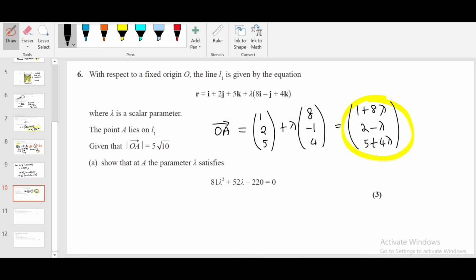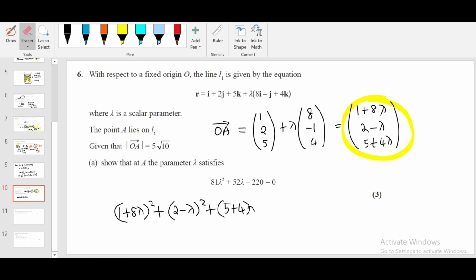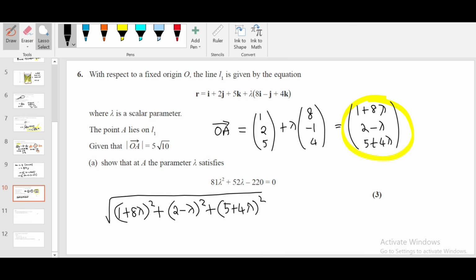So x square, (1 plus 8 lambda) square, plus y square, (2 minus lambda) square, plus z square, (5 plus 4 lambda) square, square root of everything. That's how we find the magnitude of the vector, right? Which is equal to 5 square root of 10. Square both sides, open the bracket and simplify, you will get this equation.